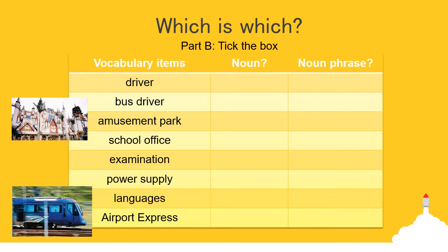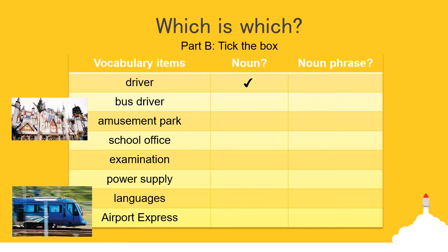Here is part B. In this table, you can see 1, 2, 3, 4. There are 8 vocabulary items, and I'm going to tick the boxes together with you. By ticking the boxes, we will see whether each of these vocabulary items is a noun or a noun phrase.